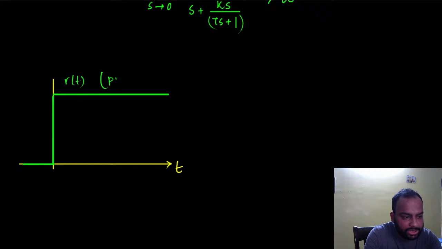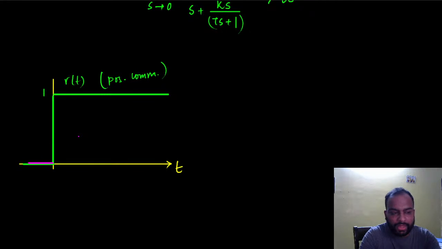This is the position command, and again 1. In the steady state, I expect the response c(t) to reach the expected output, right? The reference or command signal is the expected output. I want the output to reach that value, and it will indeed reach this value for this particular scenario.